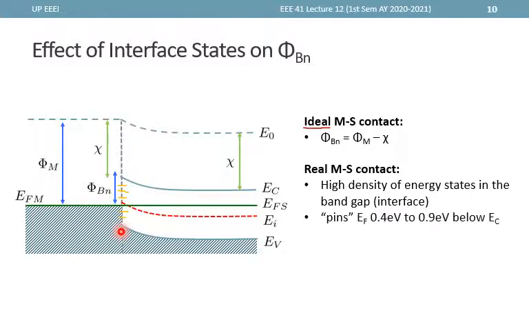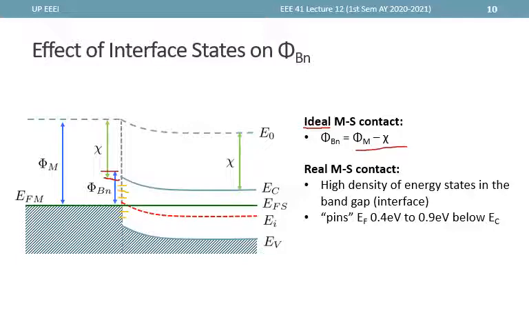And what actually happens is that instead of following this equation, the interface works such that the Fermi level is actually pinned at around 0.4 to 0.9 electron volts below EC. So somewhere right here, the Fermi level is pinned, and what actually happens is that the Schottky barrier height does not anymore follow the ideal expectation.